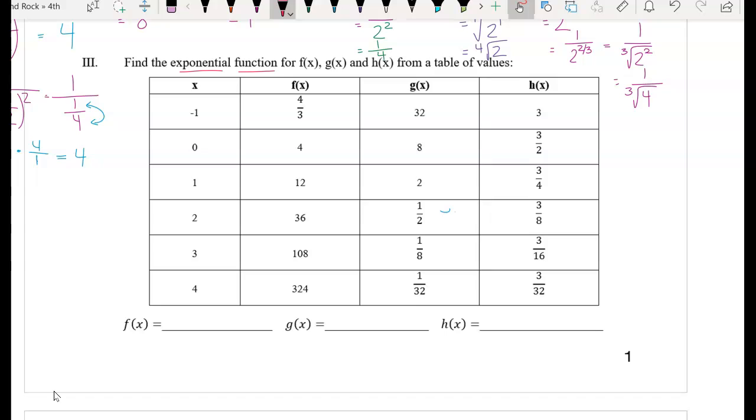Whenever we're looking at a table set and we're trying to find exponential functions, you're looking for the amount that you're multiplying your y values by, your outputs by, to get the next y value. And it always has to be multiplication. Base is always determined by multiplication.